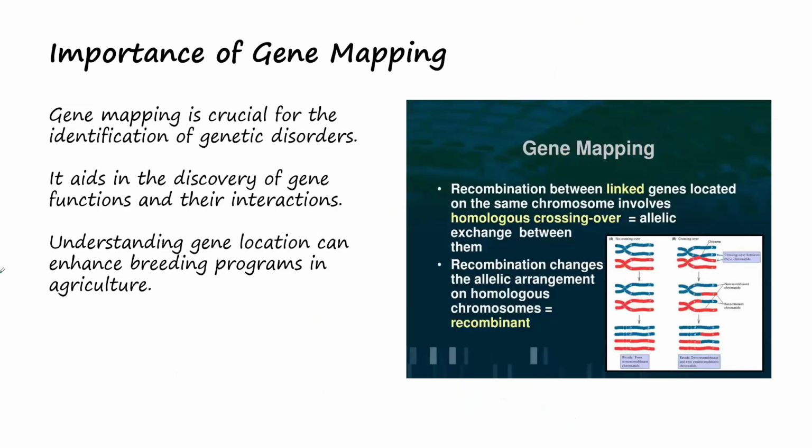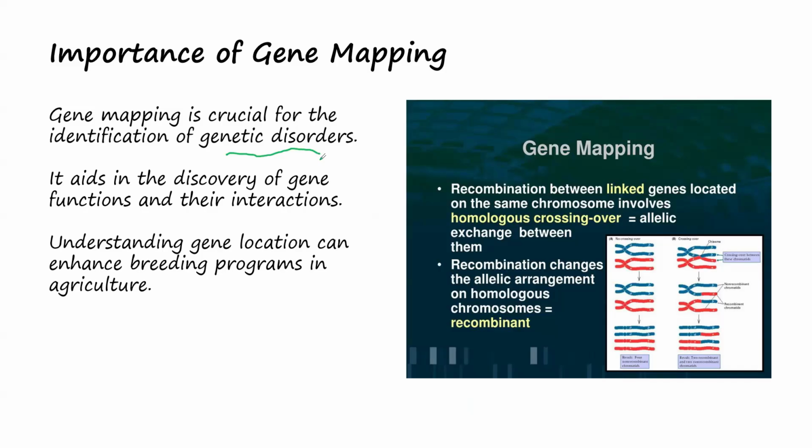So the next thing that we are going to look at is the importance of gene mapping. Gene mapping is crucial for identification of genetic disorders. There are many diseases that are associated with genetics, like astigmatism, myopia, heart diseases, cystic fibrosis, cancer, sickle cell anemia, diabetes.